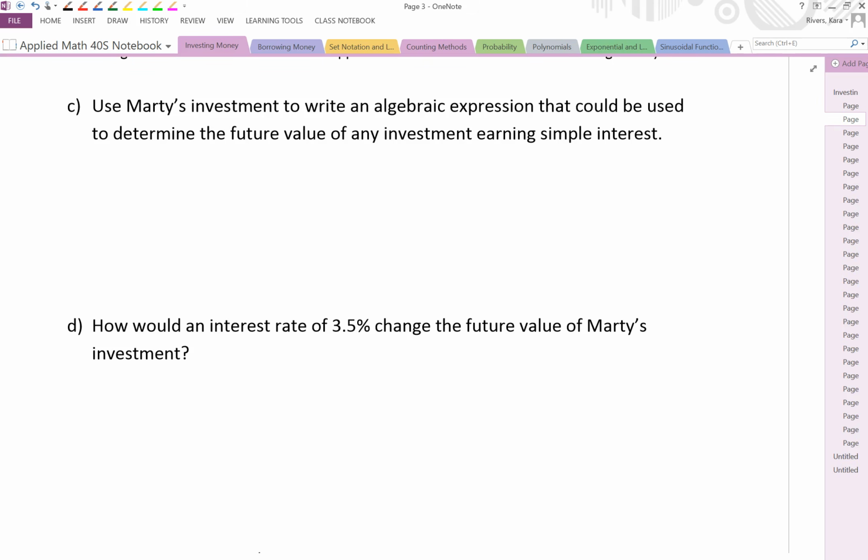So let's start by just letting A be that future value, right? We call that amount A, or our future value.